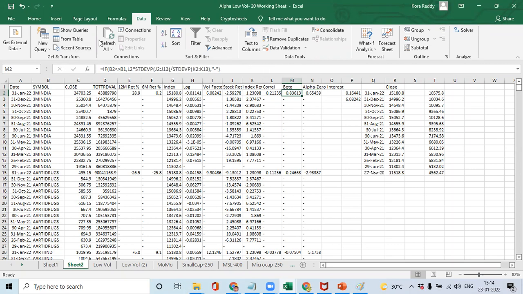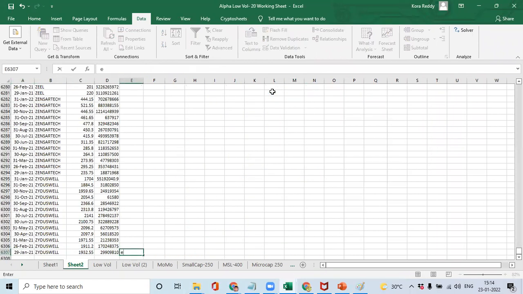I've used a different beta method because there are multiple methods. You could use simply slope because that's just a one-line formula. I'm also interested in correlation of the stock, just to see, that's it. So now I have these calculations across the board.